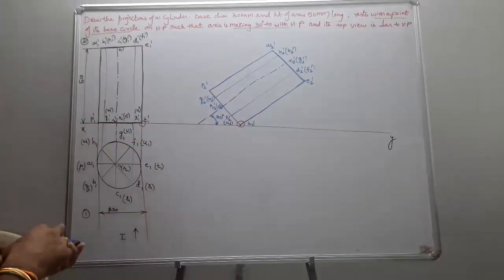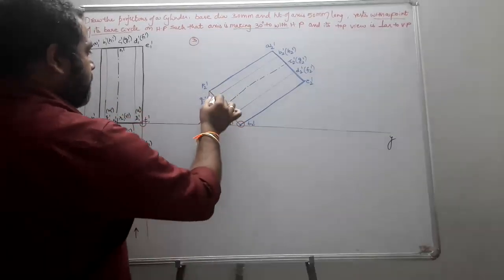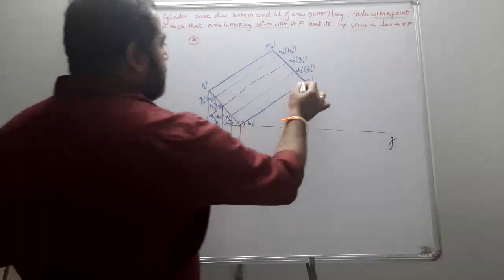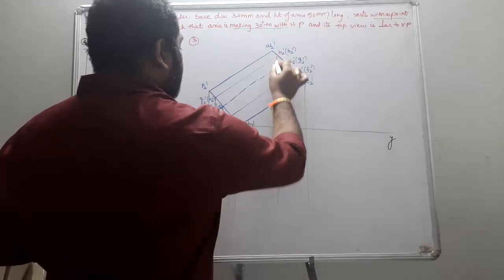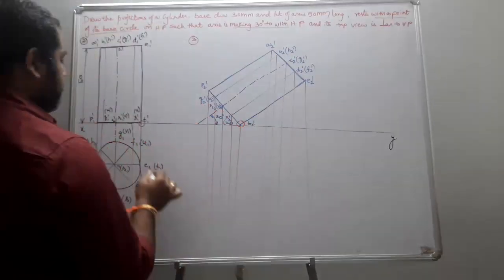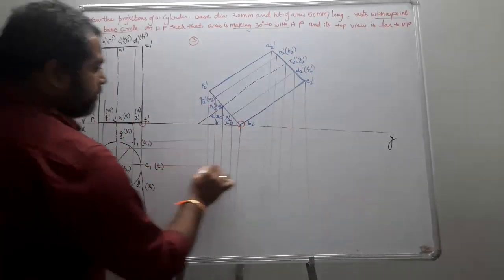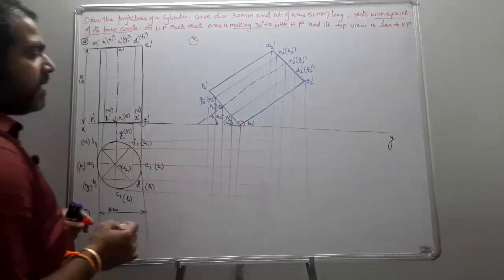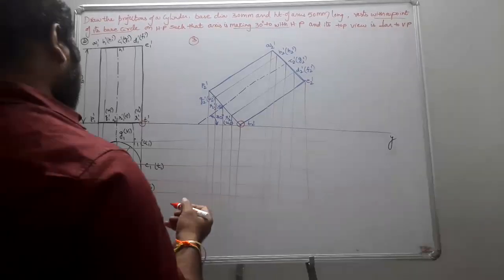Okay, now this was step 3. And draw the horizontals from the previous top view. Now mark the intersection points.